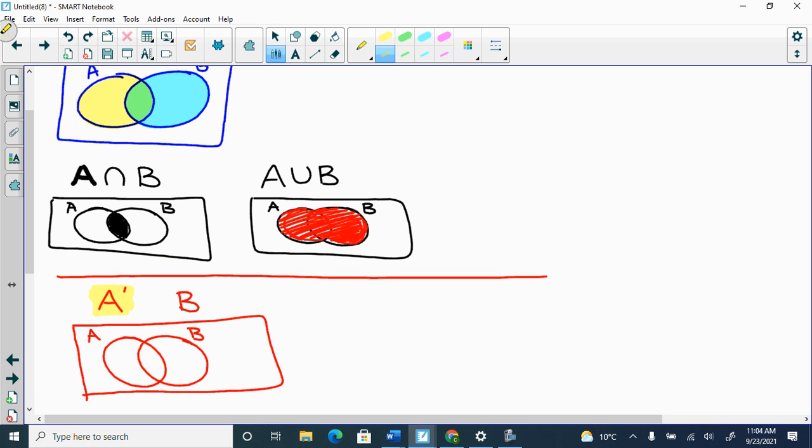Where is not A? Everywhere not in the A circle, right? So I'm going to go to A, and I'm going to shade nowhere in it. Everywhere else. So I go around the A, and then in everywhere else.